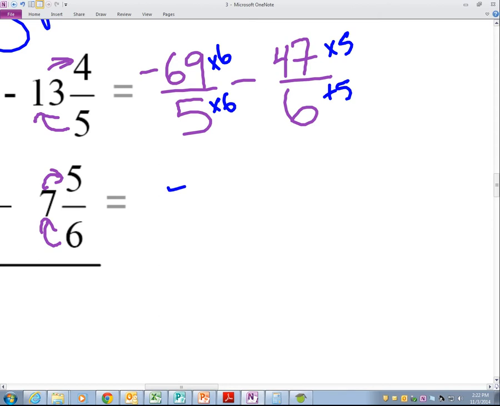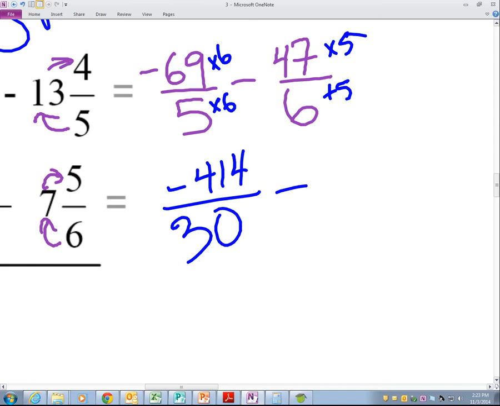And I know that 70 times 6 is 420, and it's 1 less than that, so 414, minus 5 times 50 is 250, but it's 15 less than that. So I have 235 over 30.